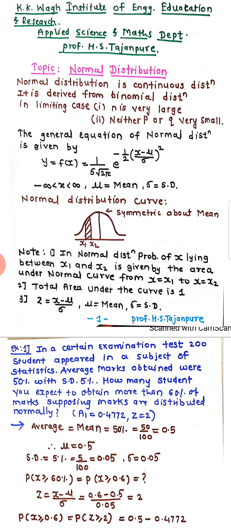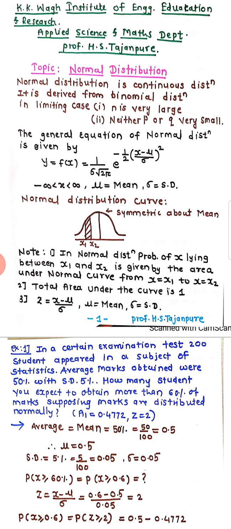The general equation of normal distribution is y equals f of x, which equals 1 upon sigma root 2 pi, e raised to the power minus 1 by 2 into the bracket (x minus mu upon sigma) whole square, where mu is the mean of the distribution and sigma is the standard deviation.